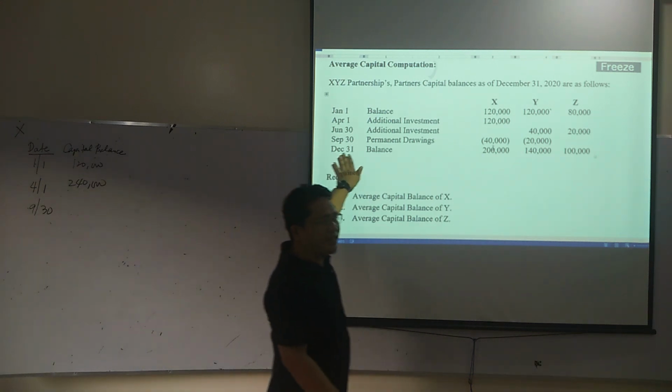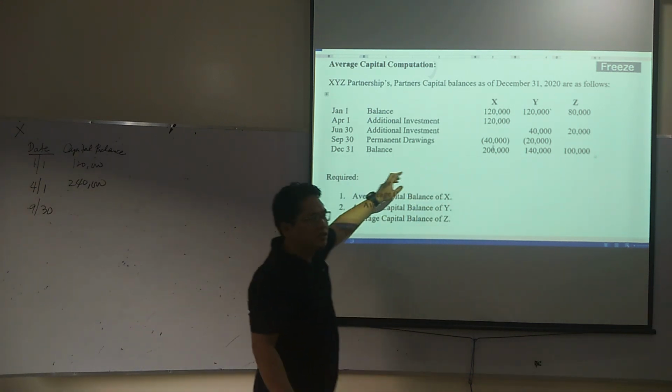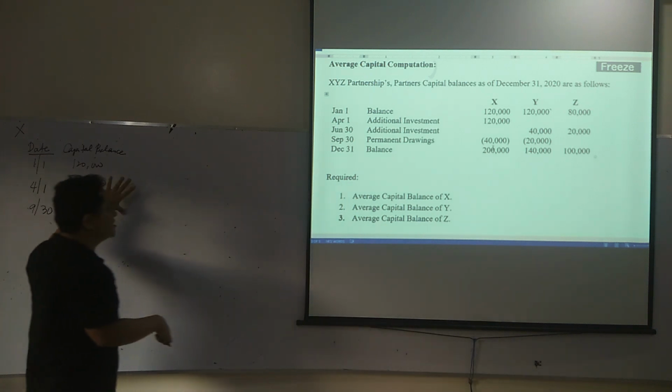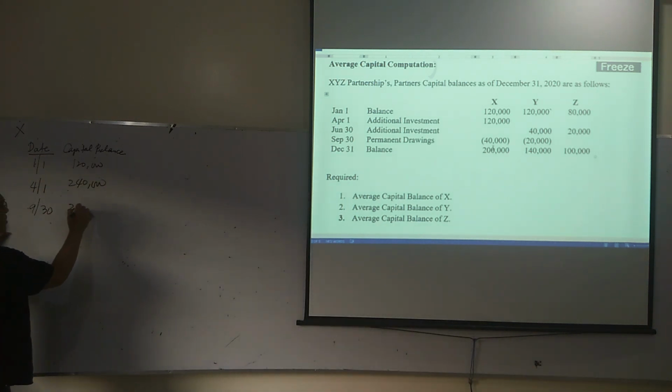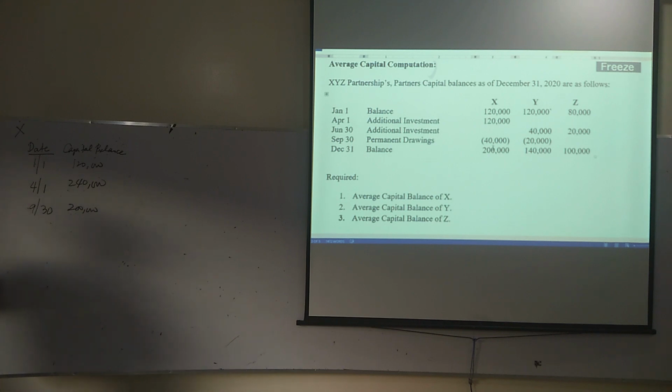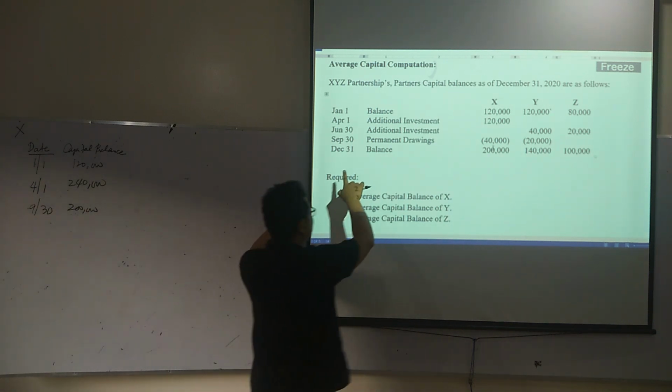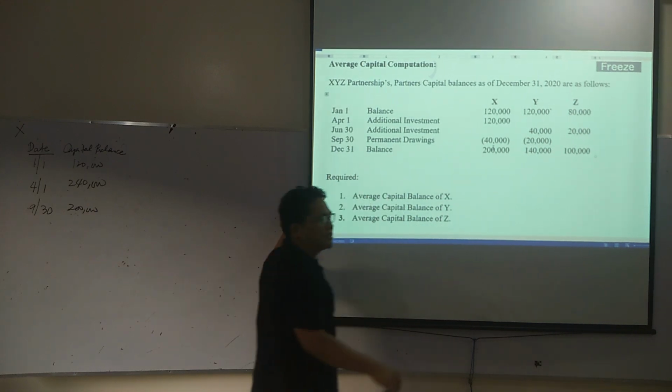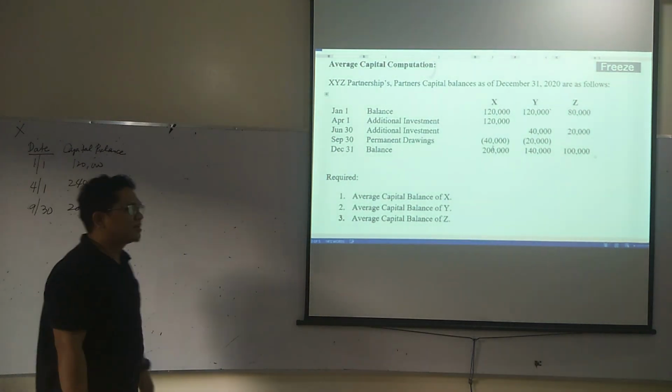On September 30, he withdrew 40, so 240 minus 40, you have 200,000 ending balance. You can check that as of December 31, his balance is really 200,000.